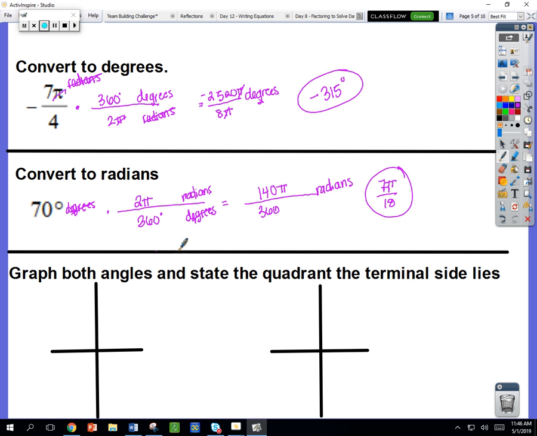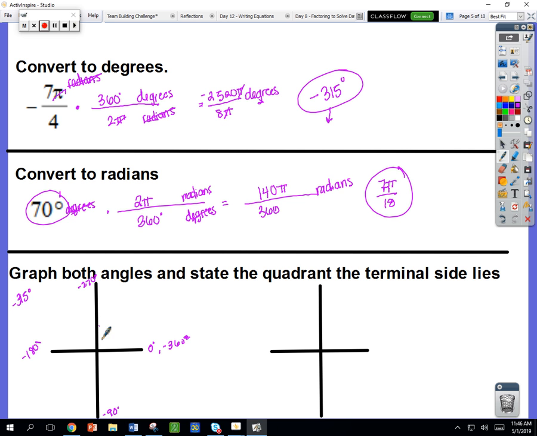So this is having me graph these angles. So it's having me graph the negative 315 angle and the 70 degree angle. So let's start with the negative 315 degree angle. If this is negative, then it's going this direction. So this would be negative 90, negative 180, negative 270, and then this would be negative 360.